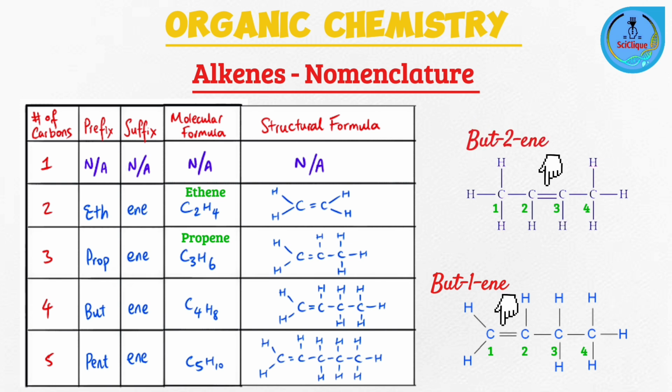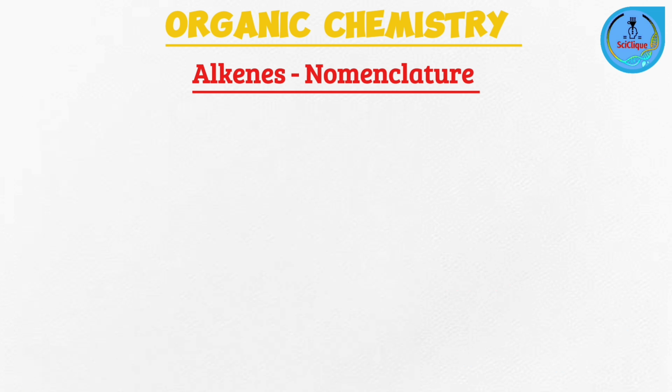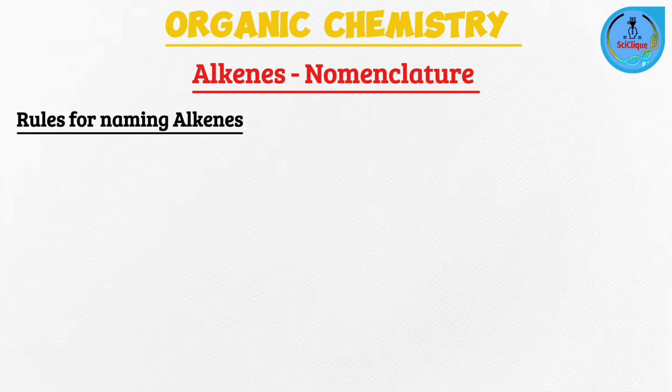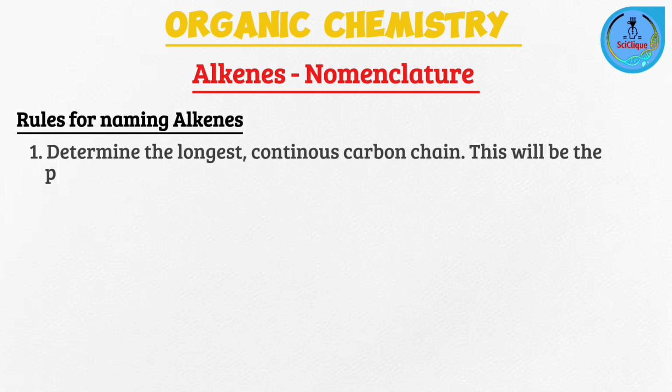So now this is where we are heading to. We are going to discuss how to name alkenes correctly, taking into account the position of the double bond and any substituent group present. So as usual, we are going to follow the rules. Now rule number 1, determine the longest continuous carbon chain which will give you the parent name.